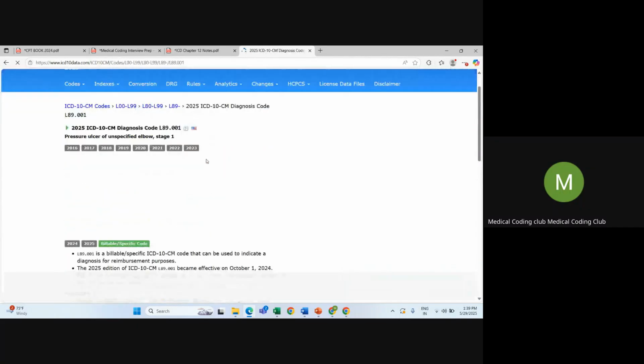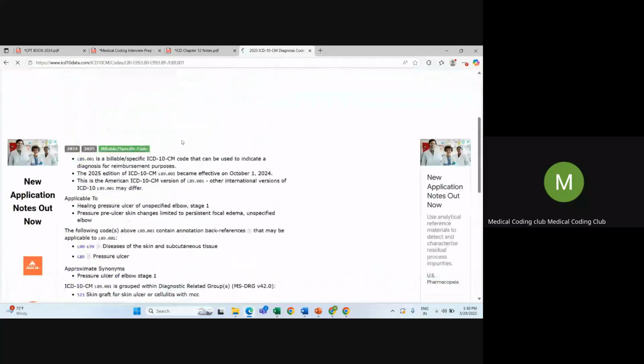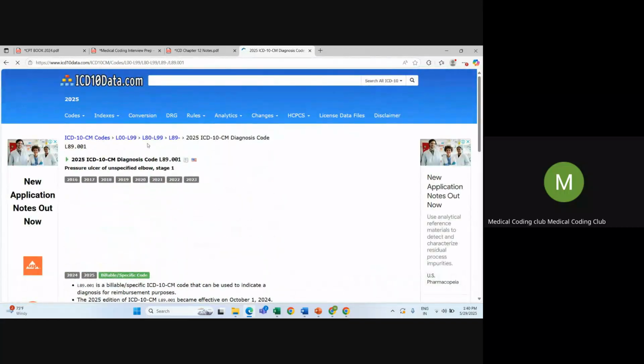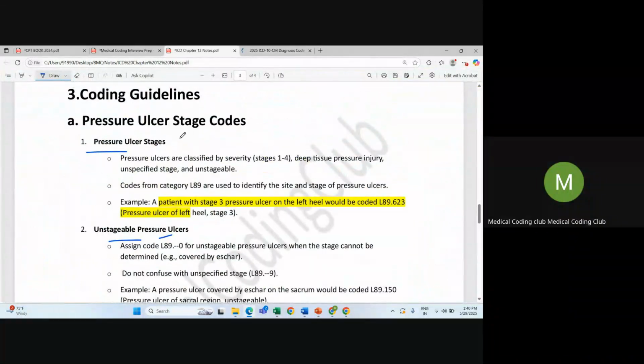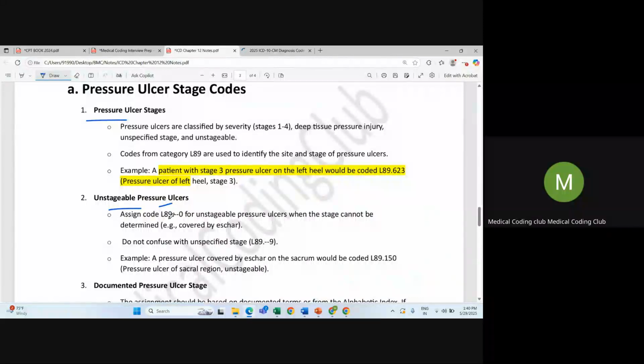So to make you understand, I will take pressure ulcer, unspecified elbow, stage 1. We need to check that the series 0 ends with unstageable and the series code 9 ends with unspecified stage.